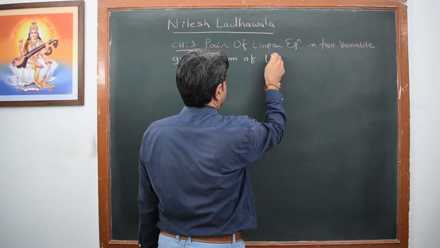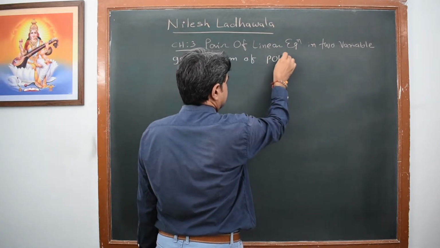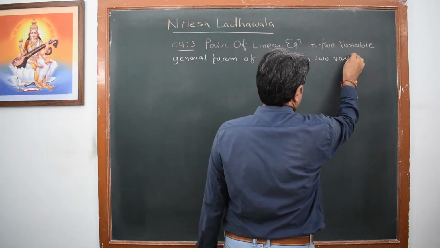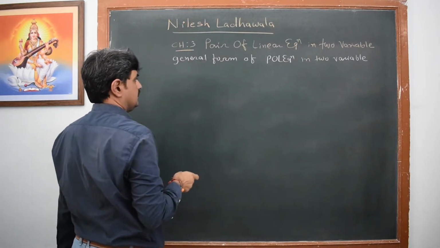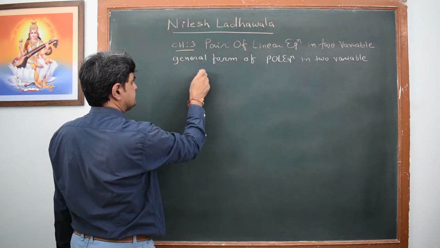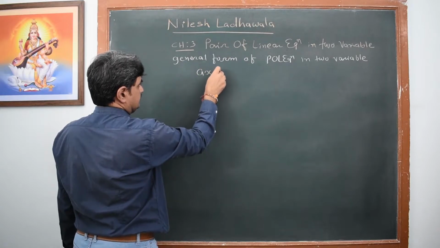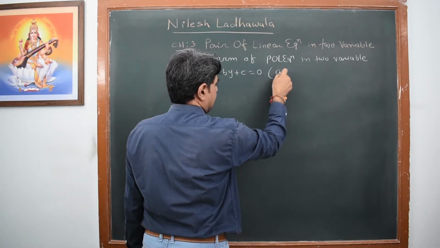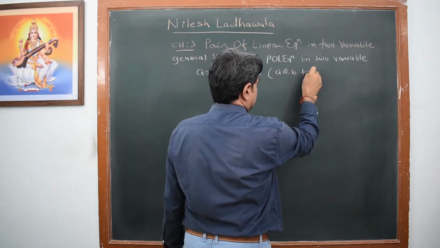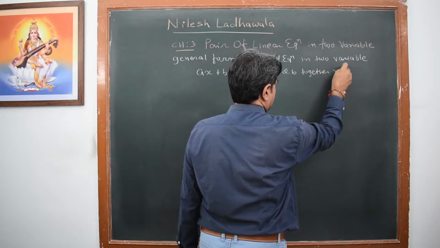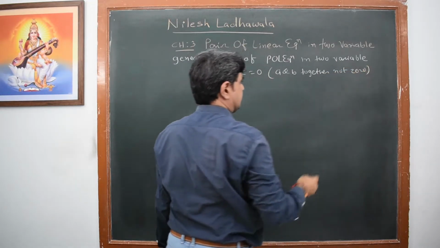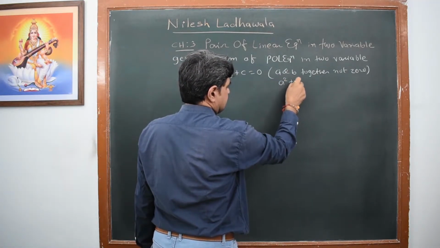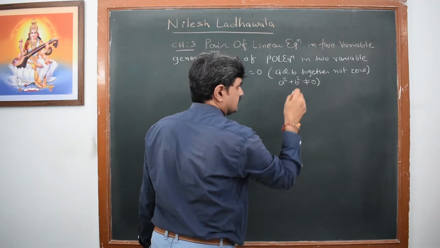The general form of linear equation in two variable is ax plus by plus c is equal to 0, where a and b together are not 0. In other words, we can write that a square plus b square is not equal to 0.